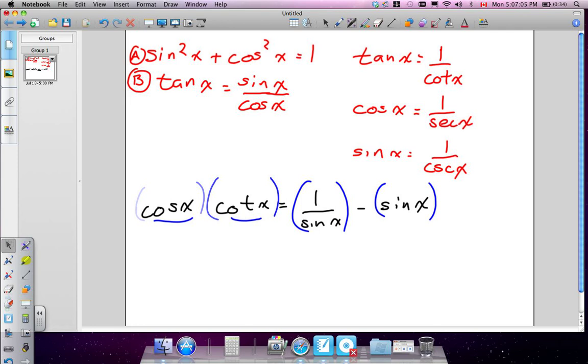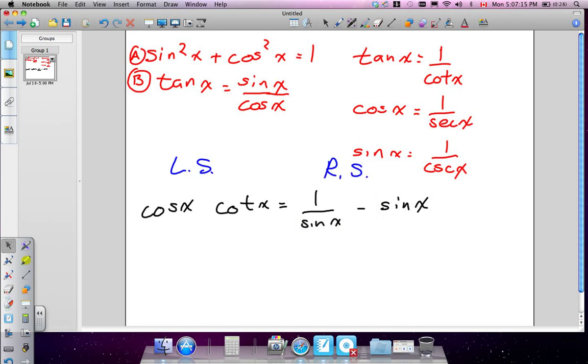When working with these, you're going to work with either one side or the other. So I'm either going to work with the left side of the equation or the right side. Looking at this, on the left side I have two different trig functions, cos x and cotangent x, while on the right side I'm only dealing with sine and sine.